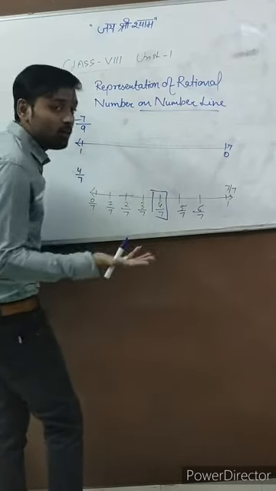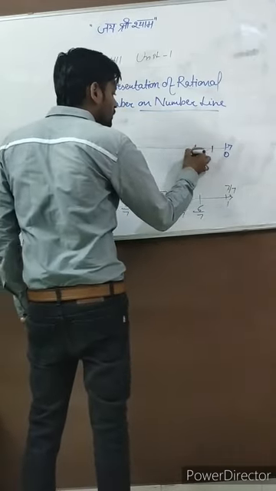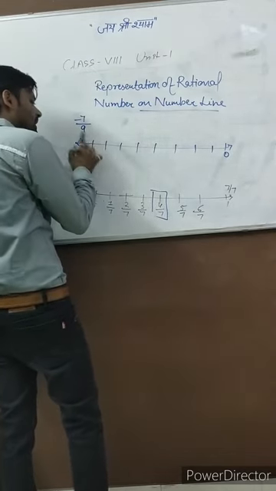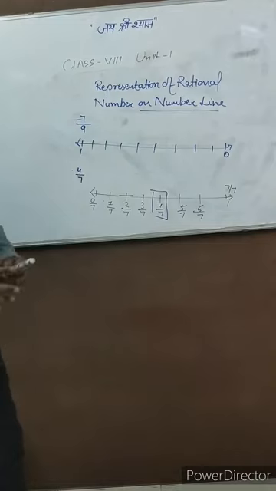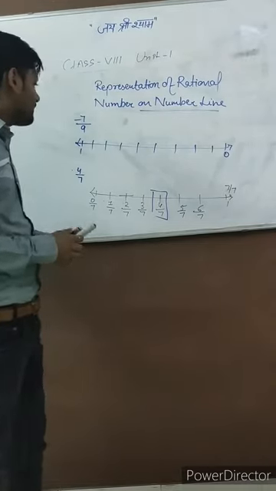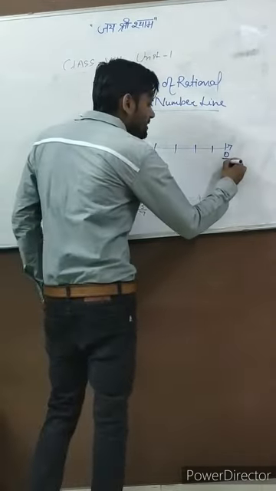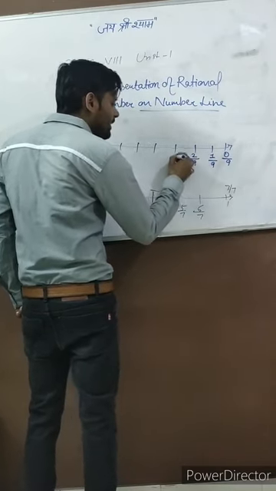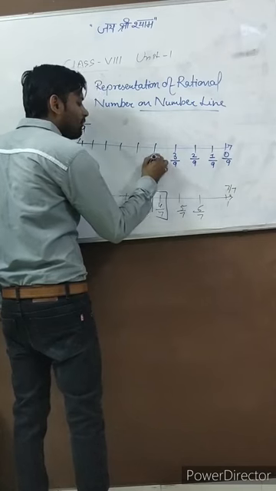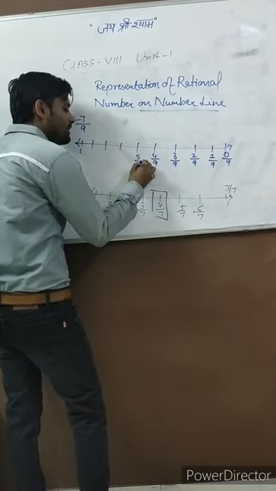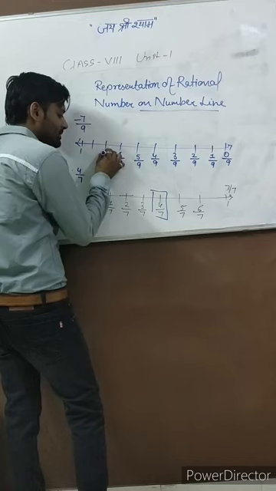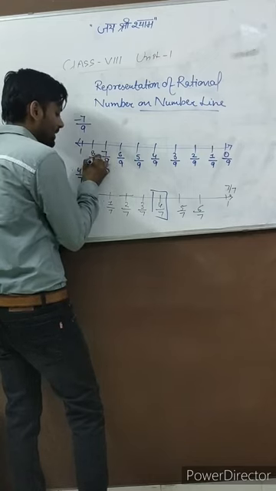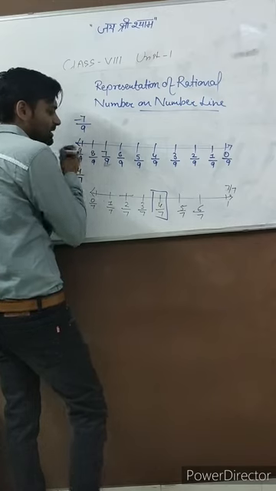So we divide it into 9 equal parts: 1, 2, 3, 4, 5, 6, 7, 8 and 9. Now we label each part by 9: 0 divided by 9, 1 divided by 9, 2 divided by 9, 3 divided by 9, 4 divided by 9, 5 divided by 9, 6 divided by 9, 7 divided by 9 and 8 divided by 9, last is 9 divided by 9, that is 1.